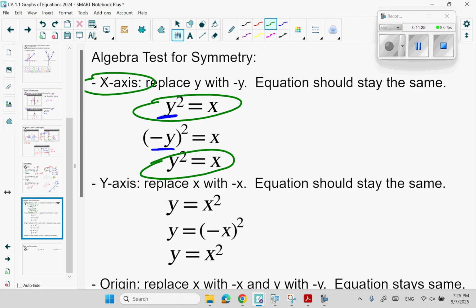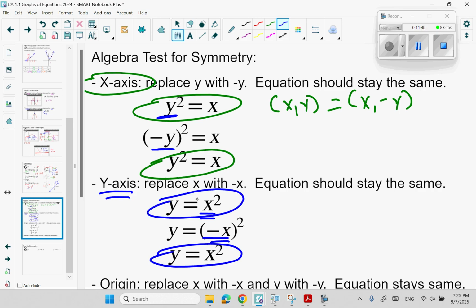Because remember, the x-axis says that I go from x, y to x, negative y. The y-axis follows the same logic but flipped. So in that case, we flip the x-coordinate, and I get the same natural inclination: x, y is equivalent to negative x, y in terms of both being graphed.